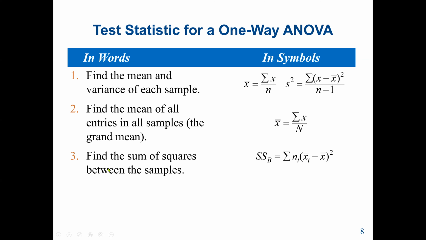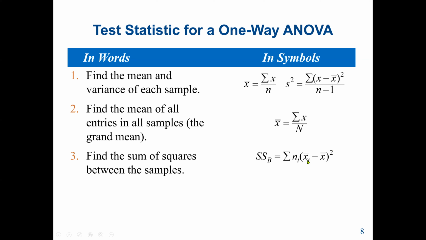Next, we find the sum of squares between the samples, and there's a formula for this. SSB is the mean of each sample minus the grand mean, squared, multiplied by the sample size. For example, for the first sample, I multiply by the first sample size.